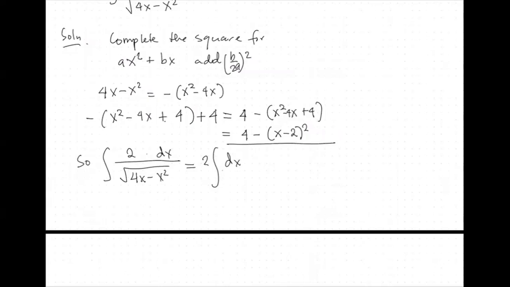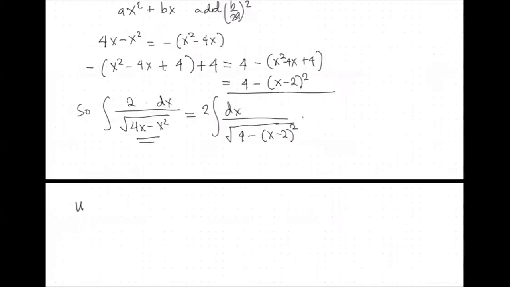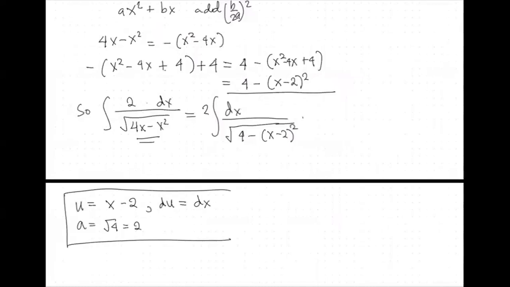Then we write this in terms of the square root of 4 minus x minus 2 squared. Now we will let u be equal to x minus 2, and then your a will be the square root of 4, which is just 2. The differential of u is just dx. So here is our substitution.